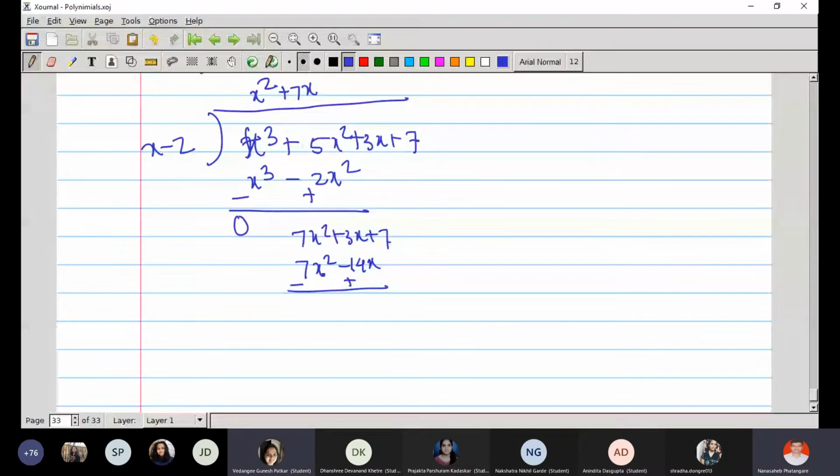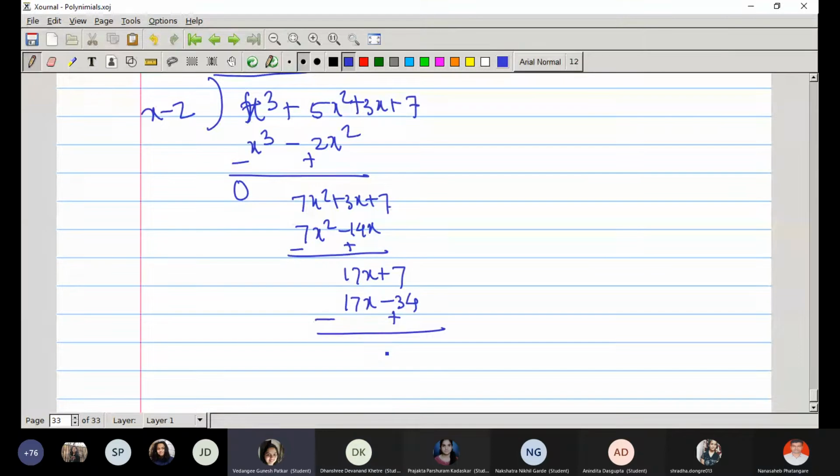So 7x square minus 7x square is 0, 17x plus 7. So what is next? 17. So 17x minus 34. Change the sign. What do you get? Remainder 41. So 41 is remainder.